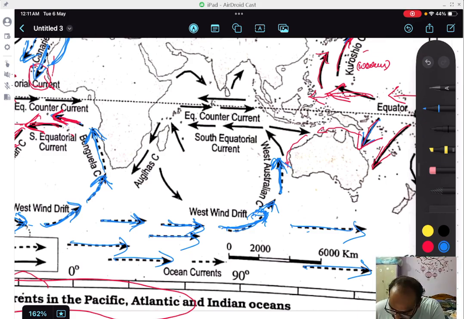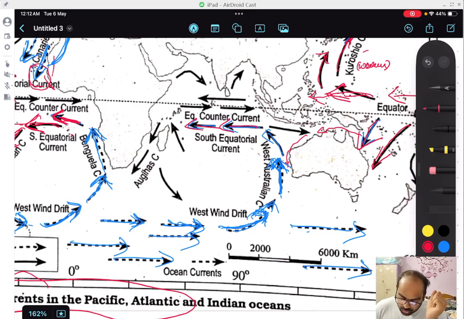See, it comes from west to east, and due to the influence of southeast trade winds, it travels from southeast as the West Australian cold current. And this West Australian current merges with the South Equatorial current. So this South Equatorial current here is warm. The West Australian current is cold.